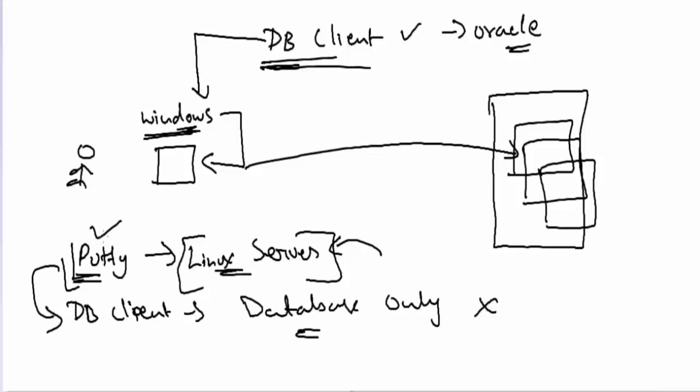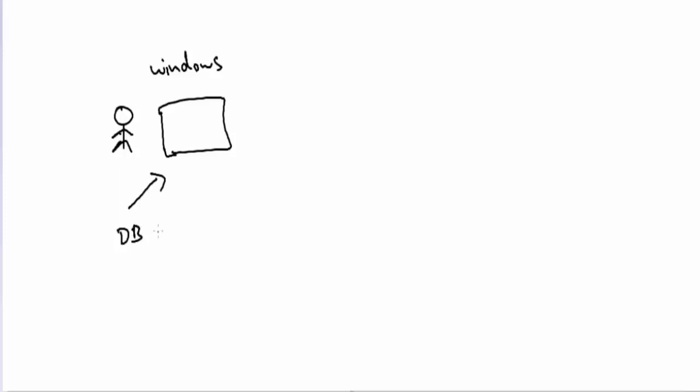Right now our goal is to understand what happens when a client tries to connect to a database server. We'll take one client. Client is using Windows, and on Windows, client has installed database client software.